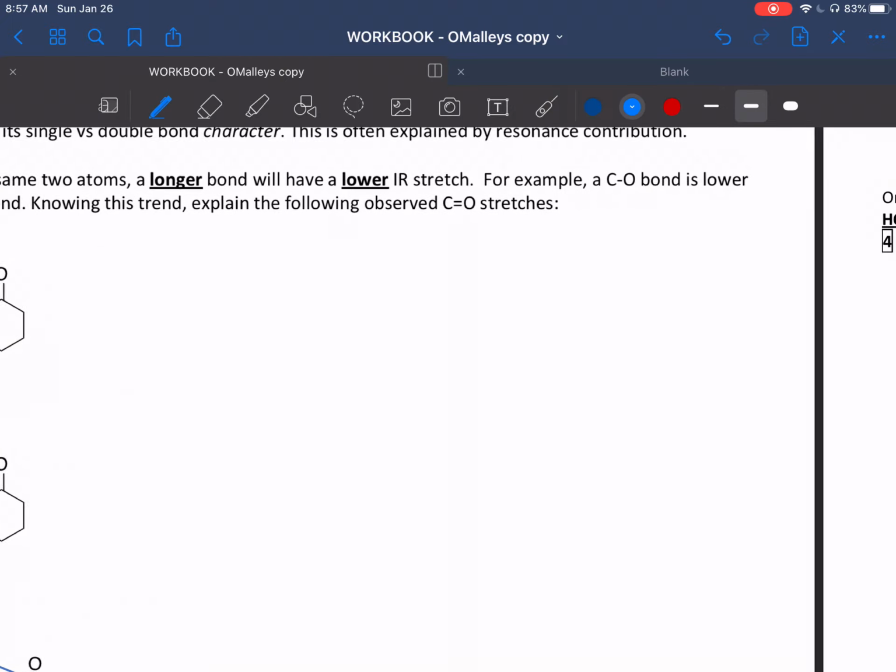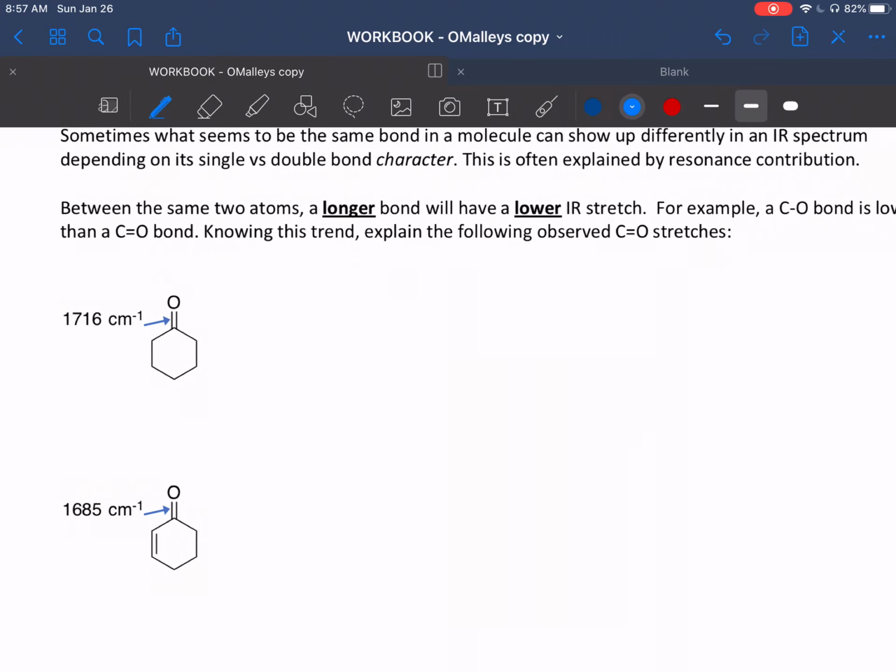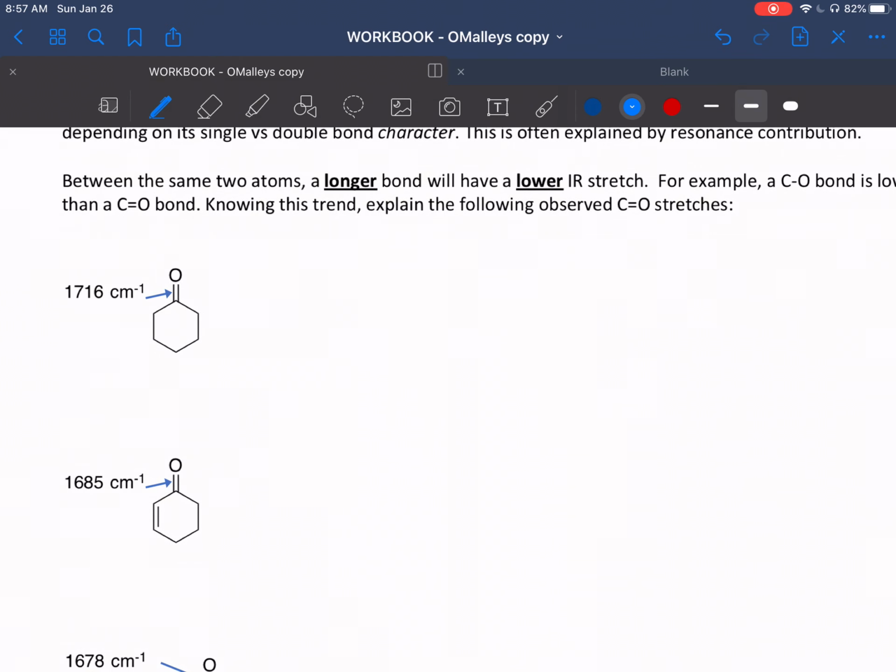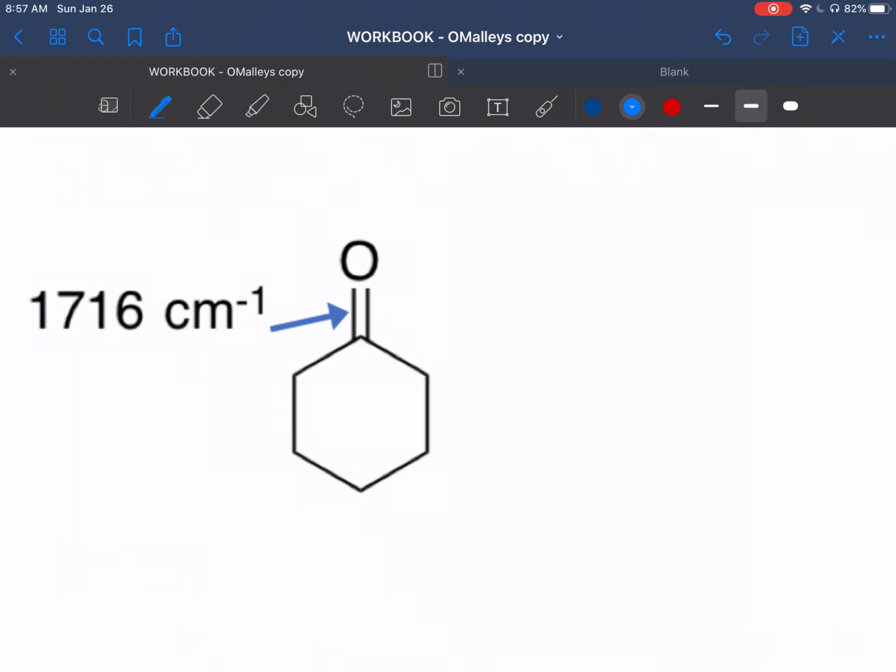And the question simply says, use resonance contribution to explain this phenomenon, knowing that a longer bond will show up at a lower frequency. So not all of these carbon-oxygen bonds are created equally, and we can use resonance to explain this. This is just a way to review some resonance principles and combine it with IR spectroscopy.